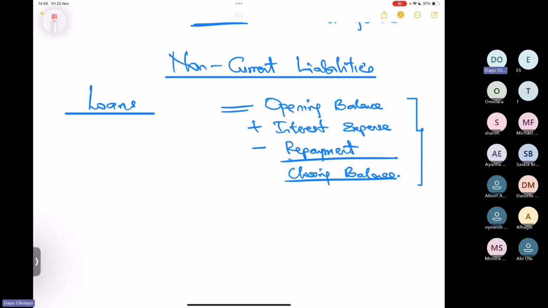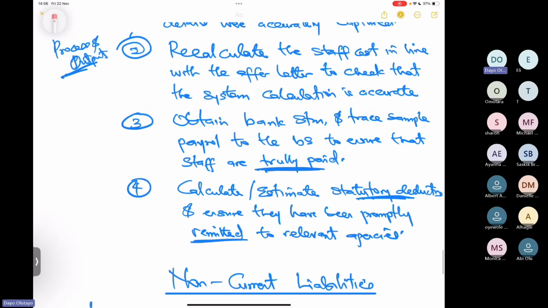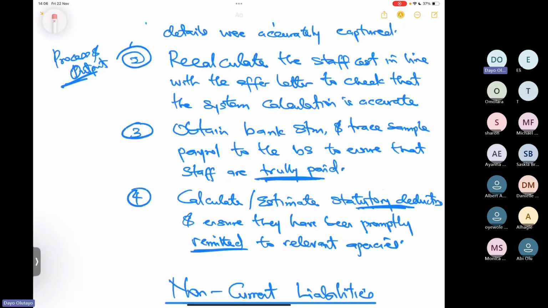If you remember, your why for the procedure is the assertion. The comfort that you are chasing by coming up with that procedure is the comfort on a particular assertion. So you demonstrate your understanding of your procedure when you link it to the assertion. You see, sometimes we say for accuracy, sometimes we say for completeness.